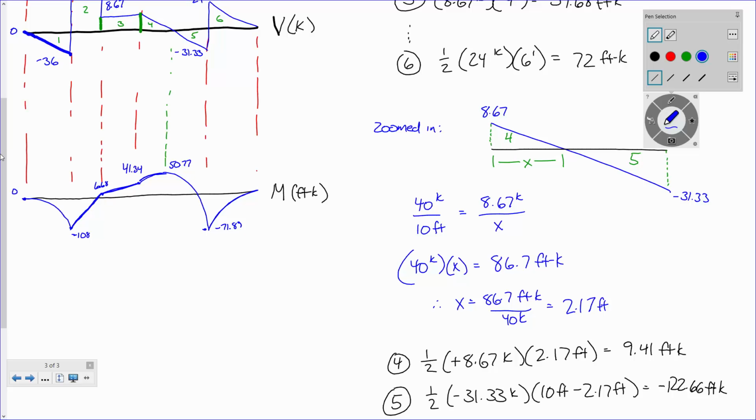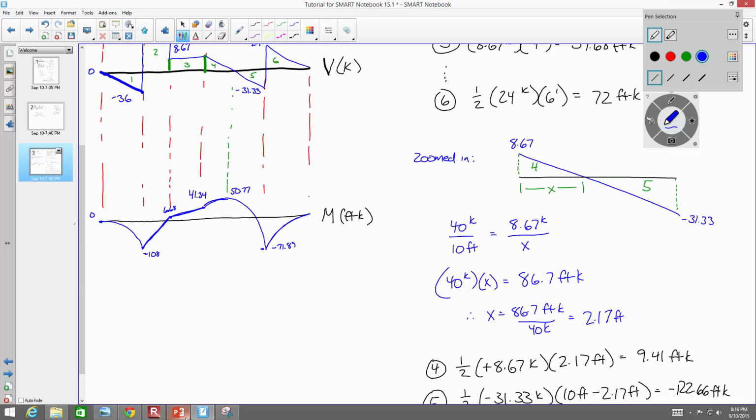No, not really. The point of this example was to just go through a full-blown shear moment diagram, start to finish. Well, you could ideally stop with shear, do the calculations for 1 through 4. Before we go on and start talking about strategy, let's just go back to the problem and see if we know what the answer is.